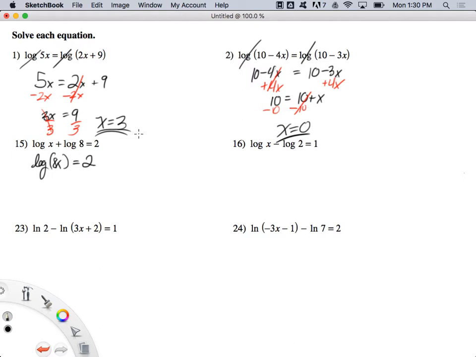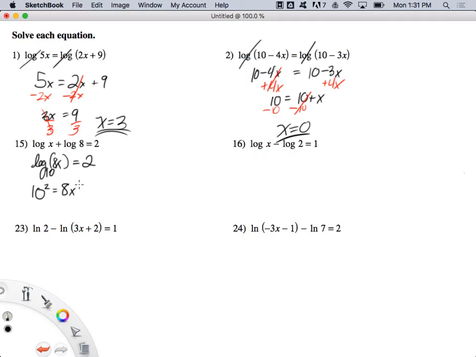Now, this is where your skills of rewriting logarithmic expressions come into play. I can't do anything with this because I've got 8x inside the logarithm, so I have to rewrite it as an exponential. What's the base of this log? 10. So how would I rewrite this as exponential? 10 squared equals 8x.